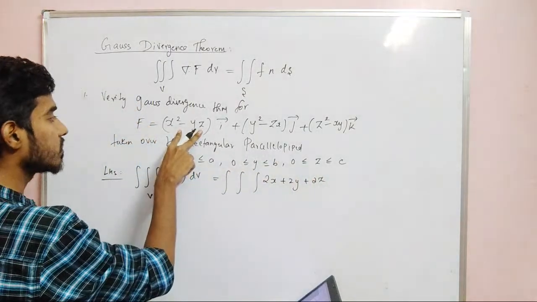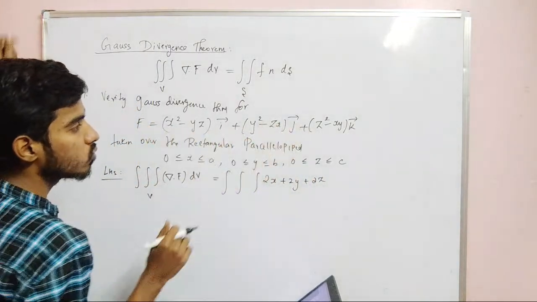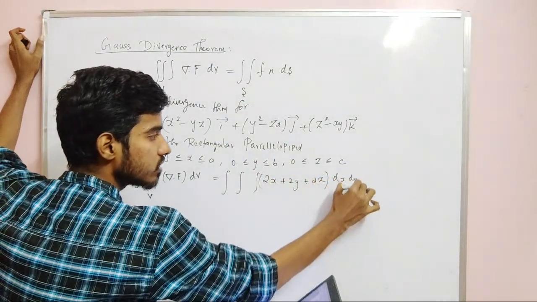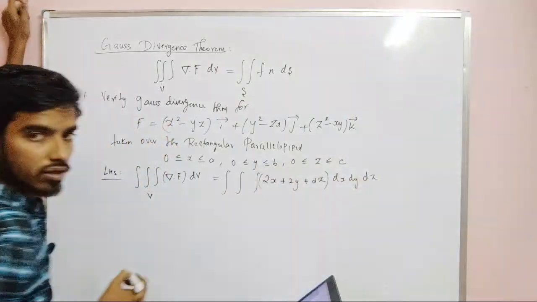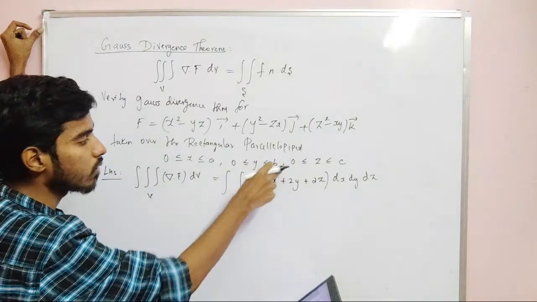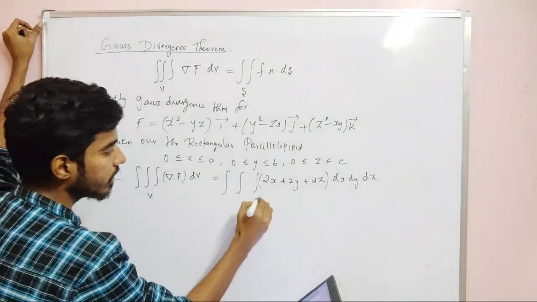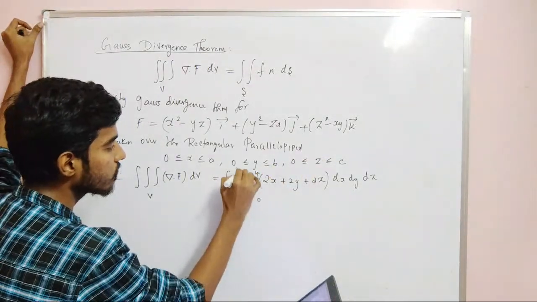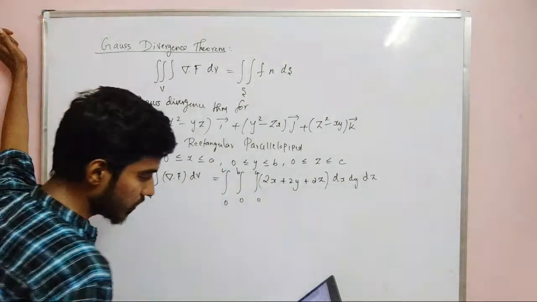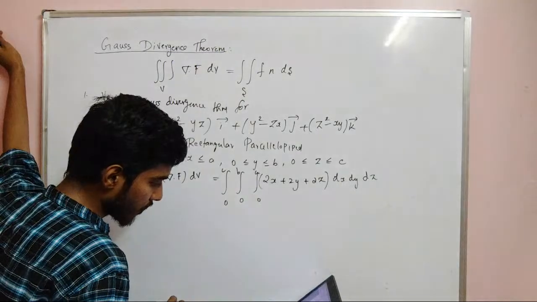The first component with respect to x gives 2x, then 2y, 2z, and dV is dx dy dz. Now they are given the limits for x, y, z. So x will be from 0 to a, y from 0 to b, and z from 0 to c.